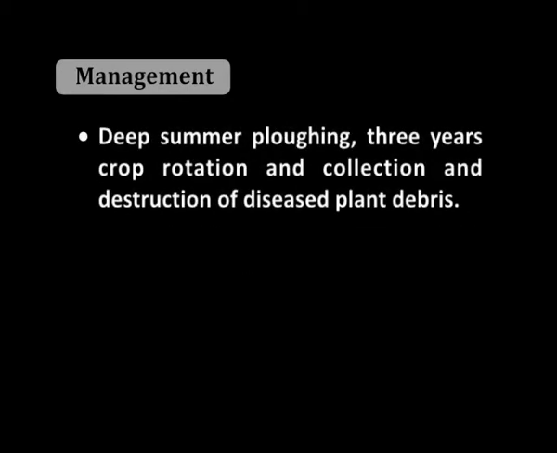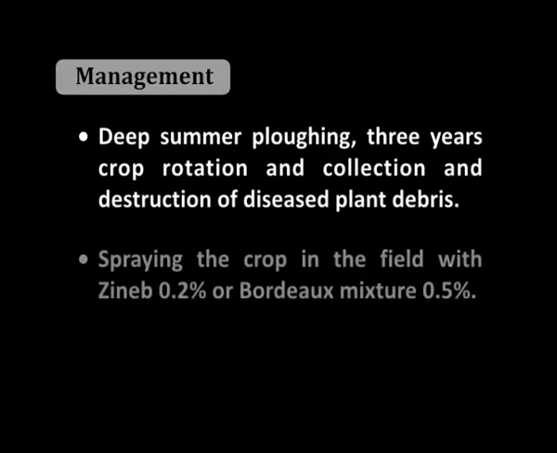Deep summer plowing, 3 years crop rotation and collection and destruction of diseased plant debris. Spraying the crop in the field with Blitox at the rate of 0.2% or Bordeaux mixture 0.5% is also effective.